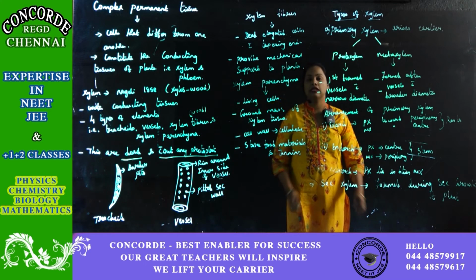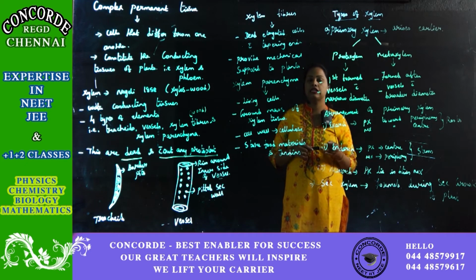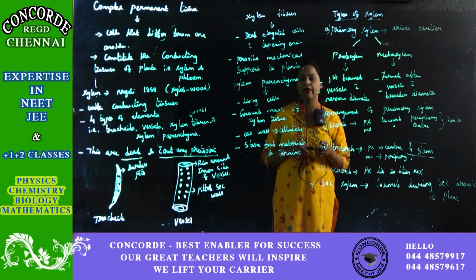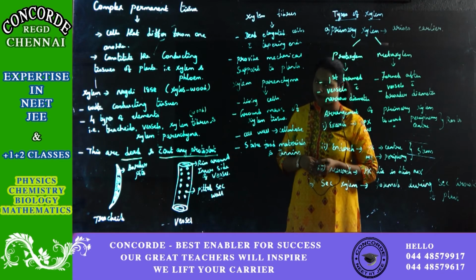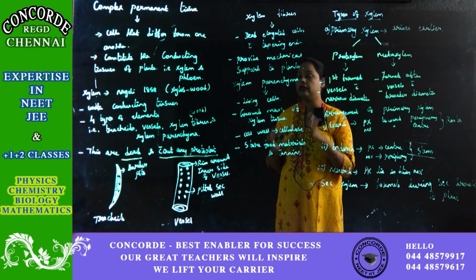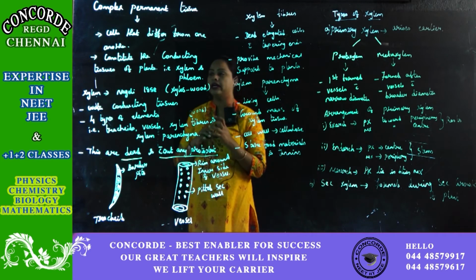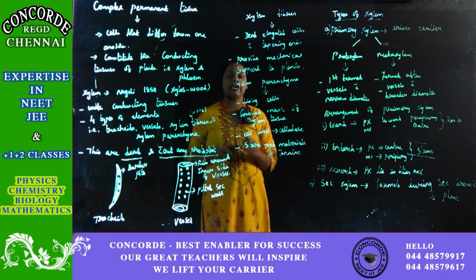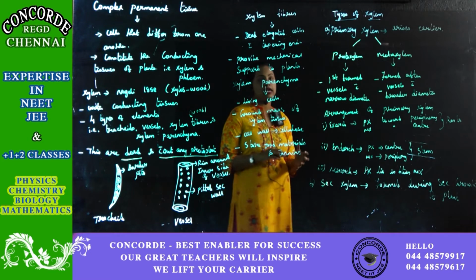Xylem has different parts: tracheids, vessel, xylem fiber, and xylem parenchyma. Xylem fiber is also called the wooden part of the plant. The one common thing between tracheids, vessel, and xylem fiber is that all three are dead cells, whereas xylem parenchyma has living cells.